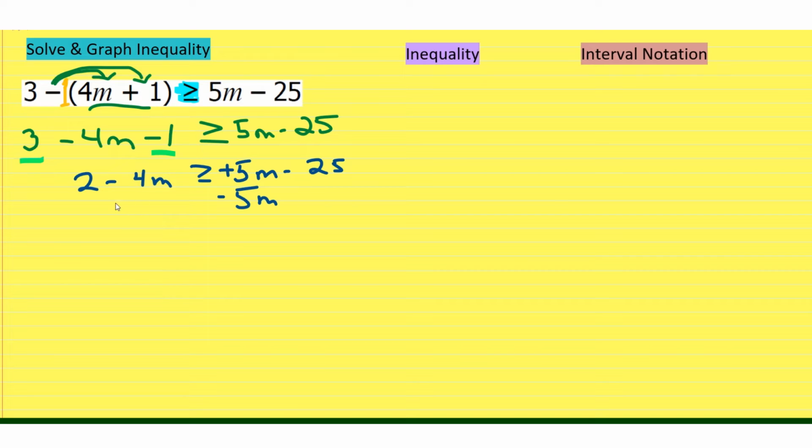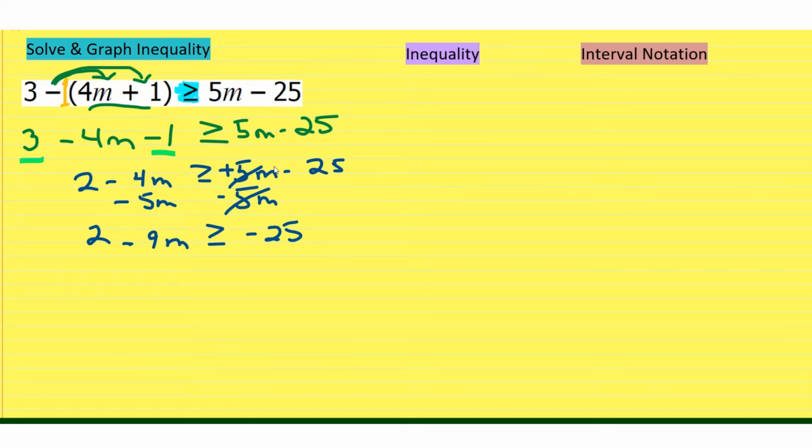So if I do it on one side, I have to do it to the other side. So these two will cancel out, and then I have negative 4m minus 5m. If I start negative, I go more negative, I get even bigger negative, so it's going to be negative 9m. Of course, my 2 is still out there, and I bring my inequality sign down. I end up with negative 25 on this side.